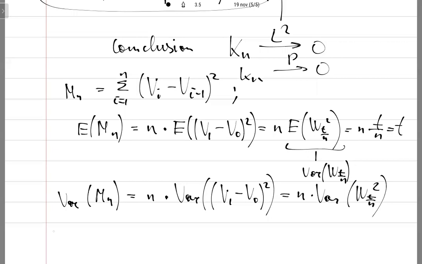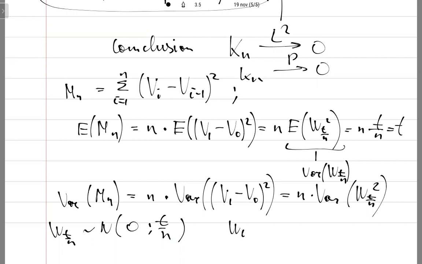But let's recall that WT over N has which distribution? Normal, with mean 0 and variance T over N. So I will use standardization.